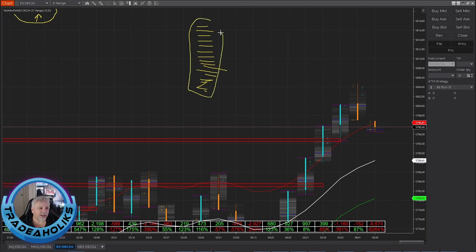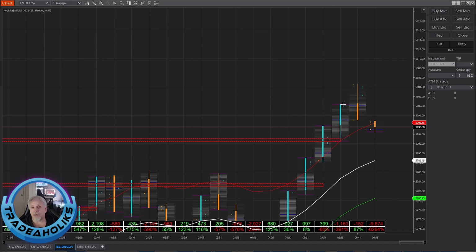It won't print a candle until there's 31 ticks. Once 31 ticks have happened, it will finalise that candle, then it'll start printing the next one. When another 31 ticks are finished, it'll print that candle. So you can see the candles are all the exact same size. All the candles are the same size, no time is involved.